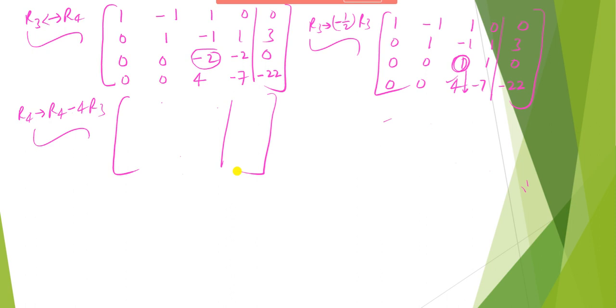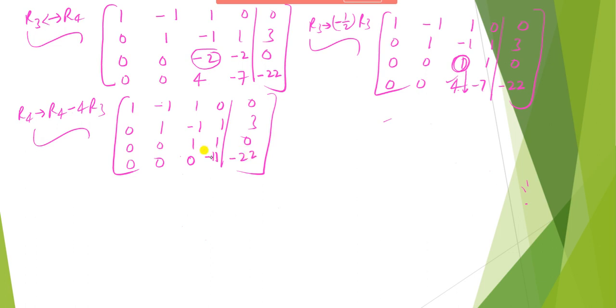So write the first 3 rows as such. 4 minus 4 is 0. 4 times of 1 is 4, subtracted from -7, is -11. And 4 times of 0 is 0, subtracted from -22, so this is -22.